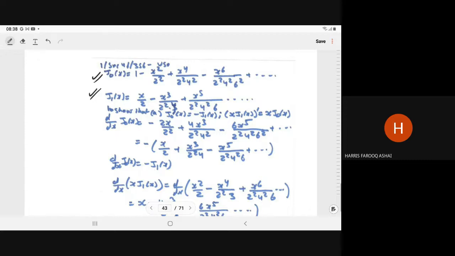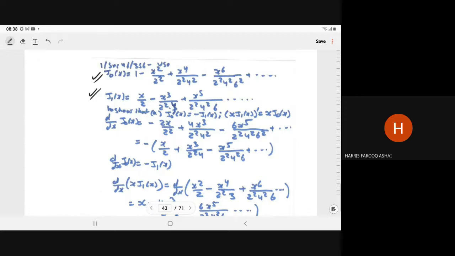And J1 is equal to x by 2 minus x cube upon 2 square into 4, plus x to the 5 upon 2 square 4 square into 6 and so on. Now we have to show that the derivative of J0 is equal to minus J1 and the derivative of x J1 is equal to x J0.